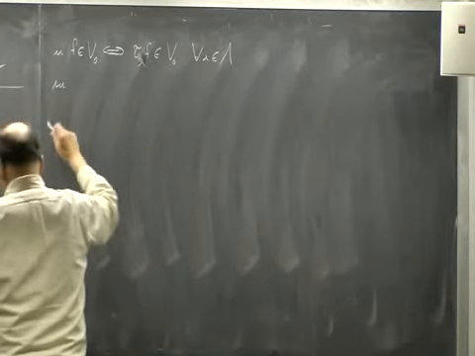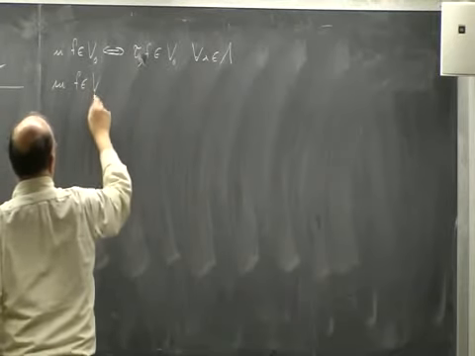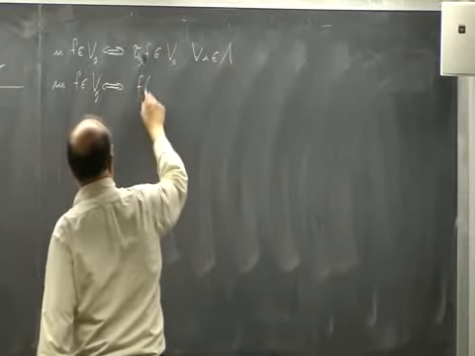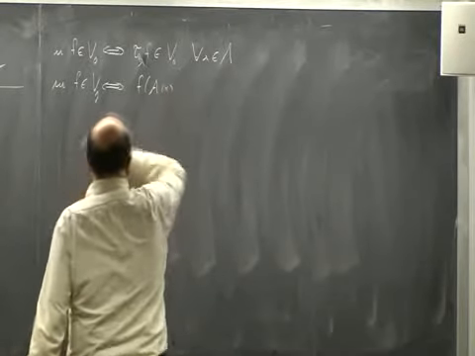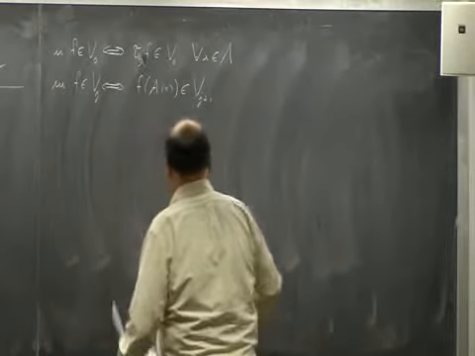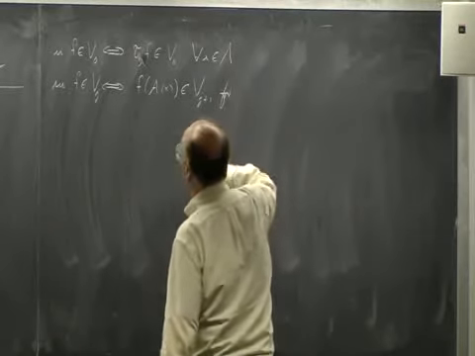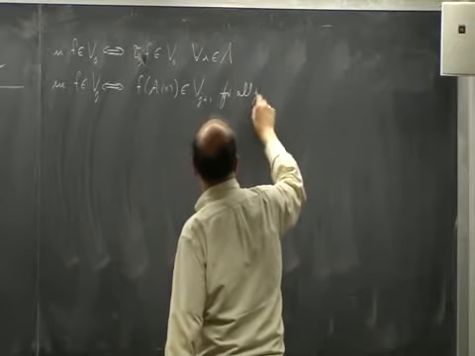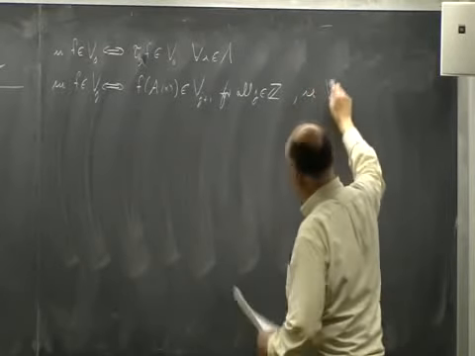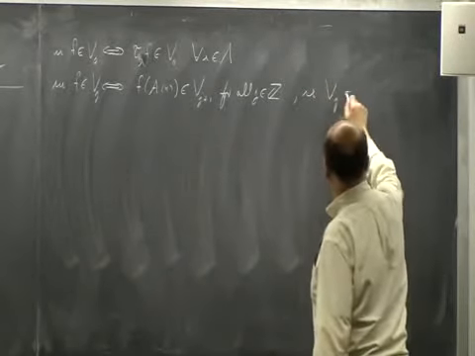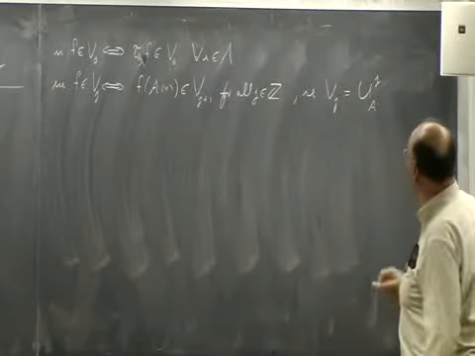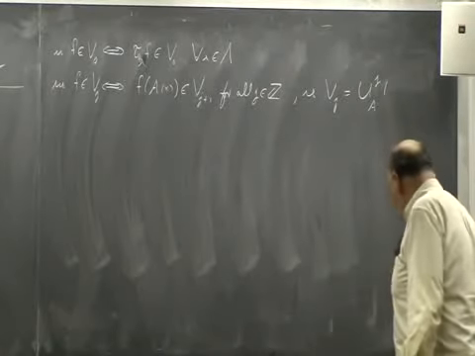3, F belongs to Vj if and only if F of A of X belongs to Vj plus 1 for all J. That is, Vj is equal to the J-th composition of A applied to V0.